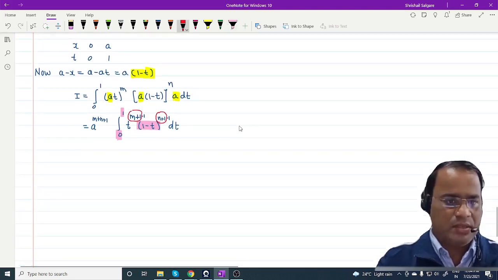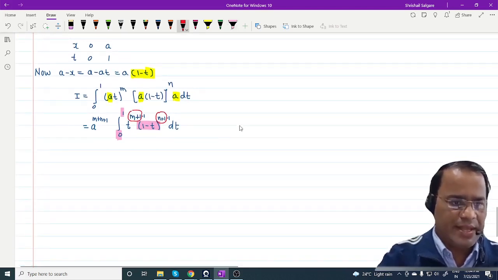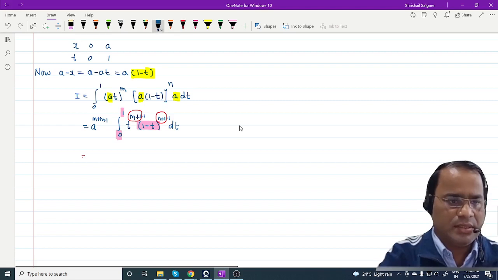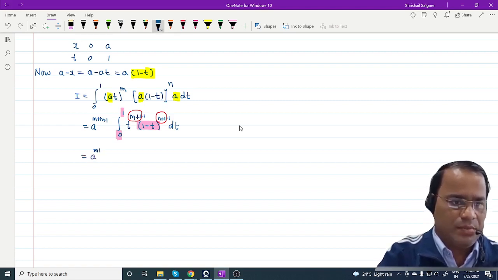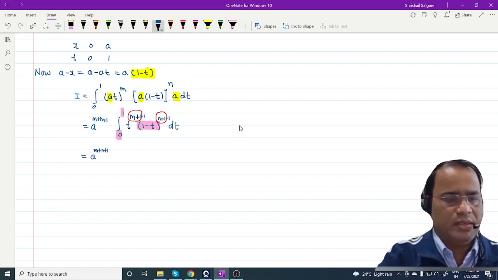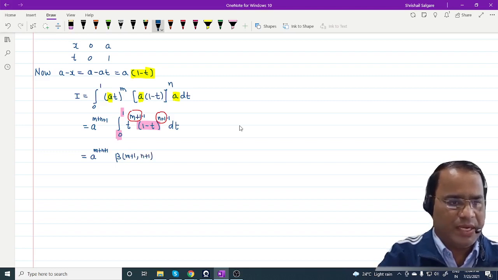Okay, so it defines I is equal to a raised to m plus n plus 1 into beta of m plus 1, n plus 1, and that is the required result.